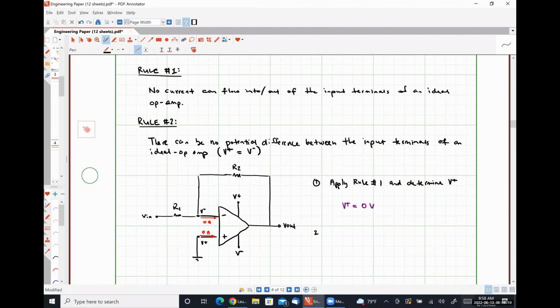Step two, to apply rule number two and perform Kirchhoff's current law at the inverting input terminal.